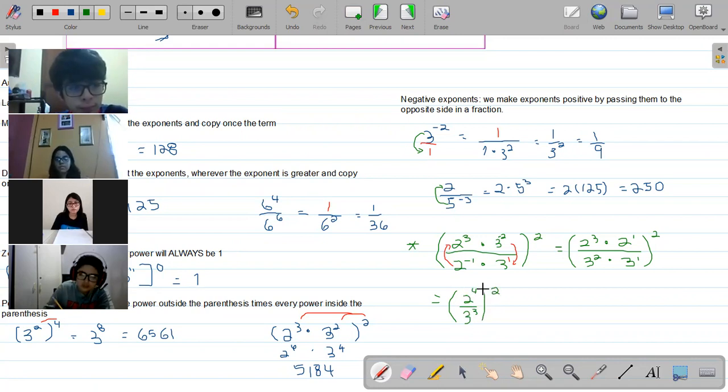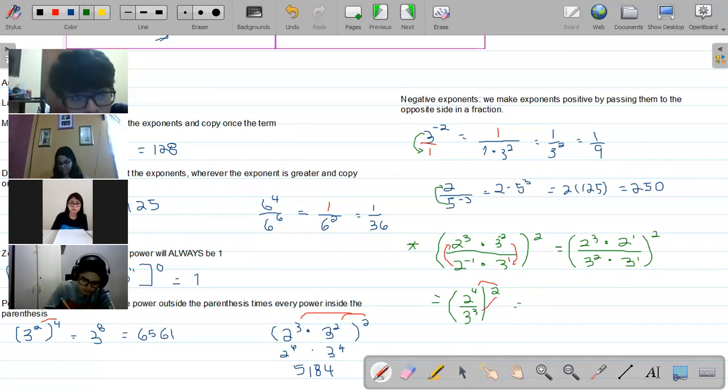Now, since these are not same bases, I can go ahead and do power of a power already. And I need to multiply this exponent on the outside times every single exponent on the inside. So I'm going to multiply times this 4, but also times this 3, okay?